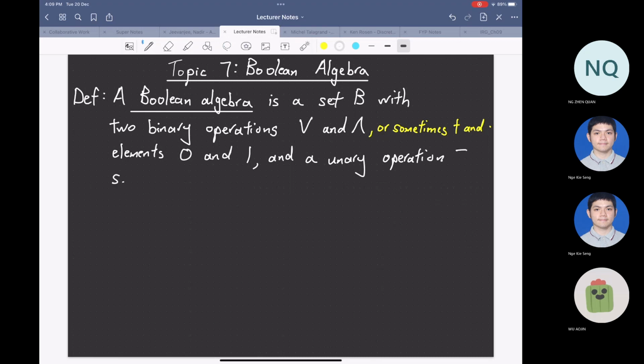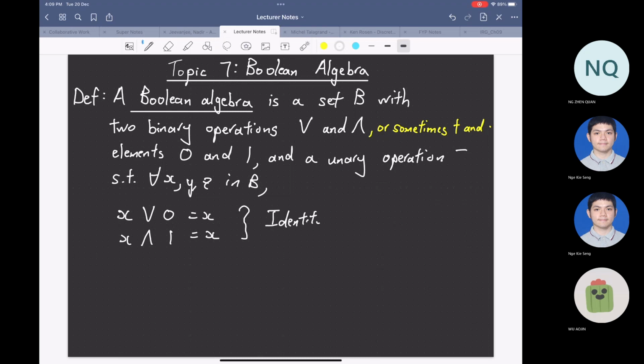So what do they have to satisfy? The first thing is that X cup 0 is X, and X cap 1 is X. These are the familiar identity laws. You can think of a number plus 0 is always the number, and a number times 1 is also the number.